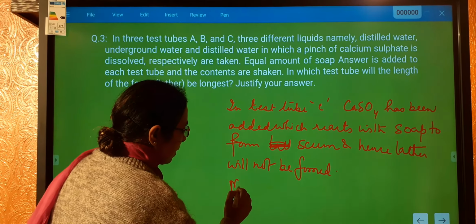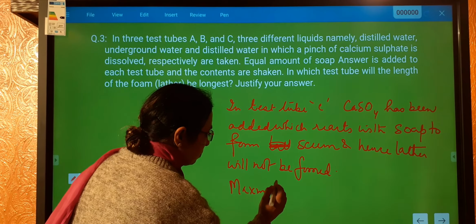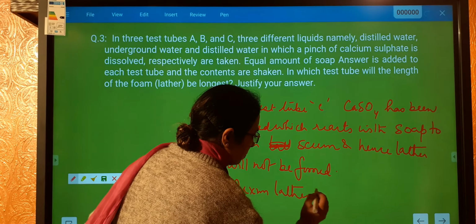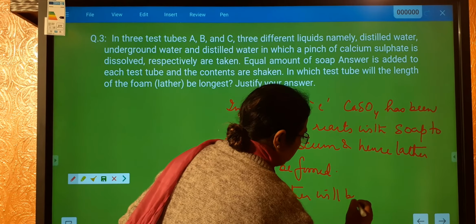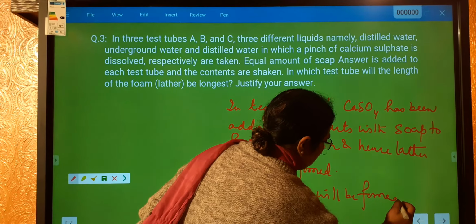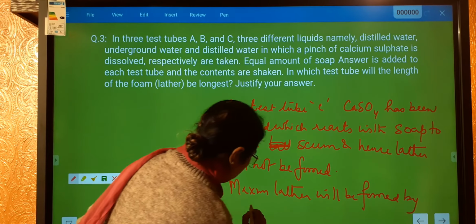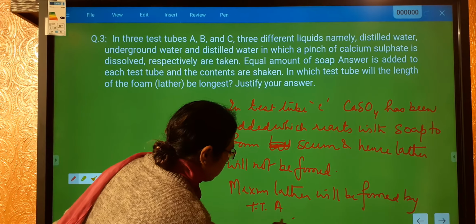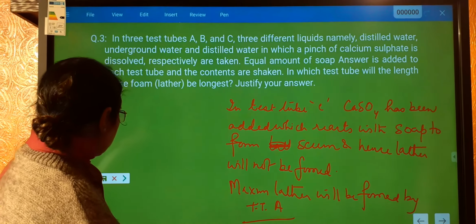So maximum lather will be formed by test tube A. Maximum lather will be formed by test tube A.